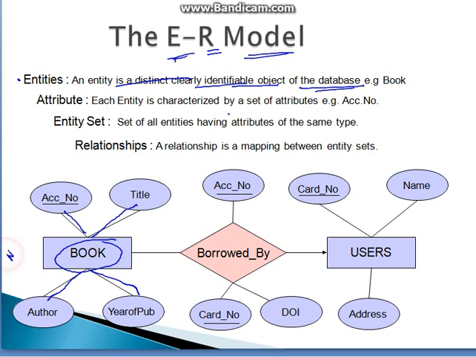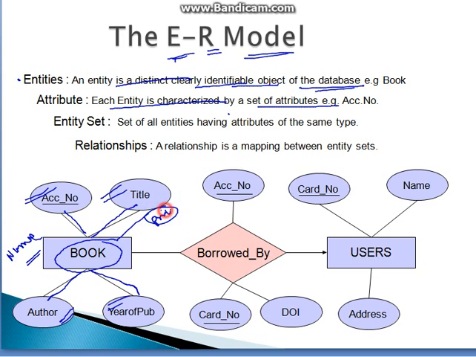So a book is an entity, and each entity is characterized by a set of attributes. Account number is an attribute, title is an attribute, author is an attribute, year of publication is an attribute. You can take other attributes too.